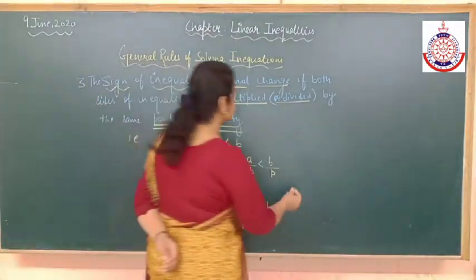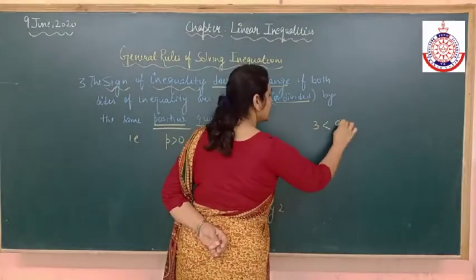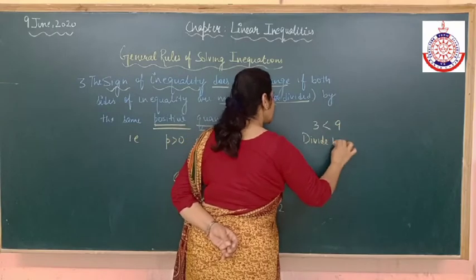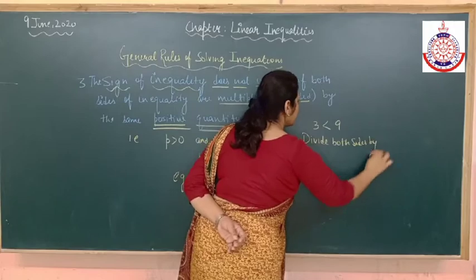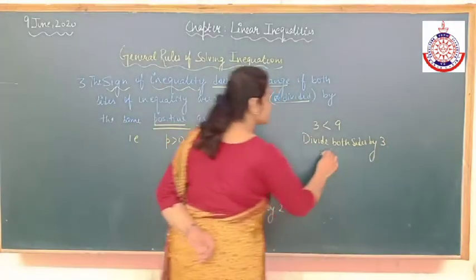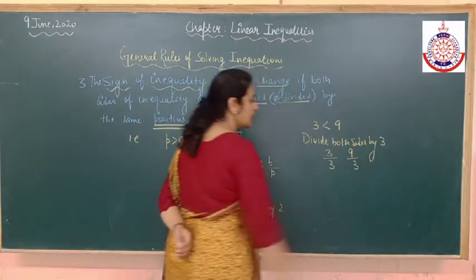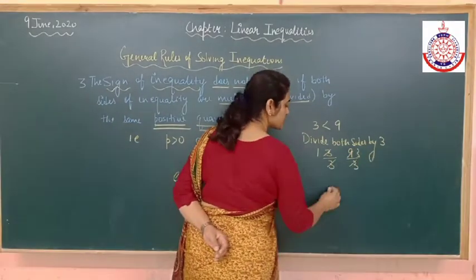Let's check the division also. If I say 3 is less than 9, divide both sides by 3. What happens? This is 1, this is 3.